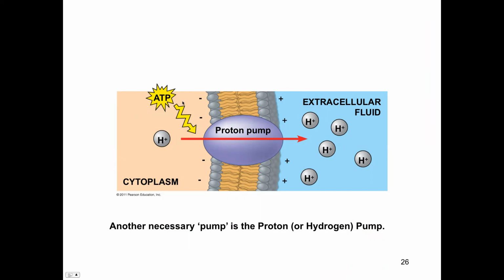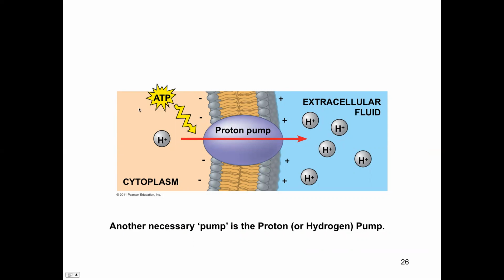Now, this brings up an idea of secondary active transport, which I want to introduce to you. What's happening here is that energy is used to pump hydrogen out of the cell. The reason is that it needs to maintain a hydrogen gradient, because protons are used a lot to pump other things against their concentration gradient.